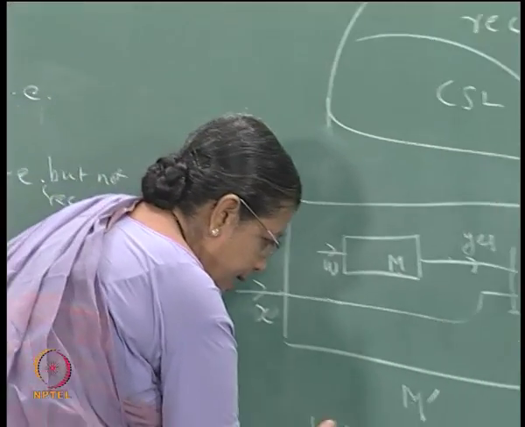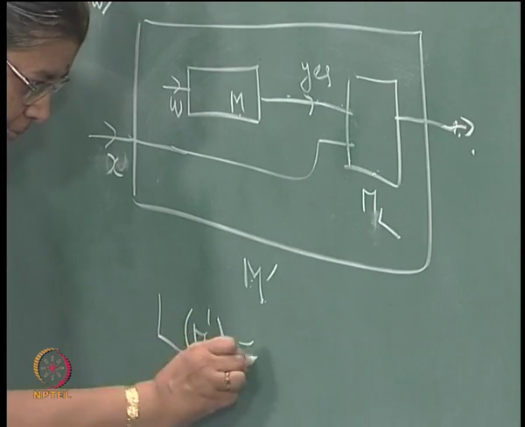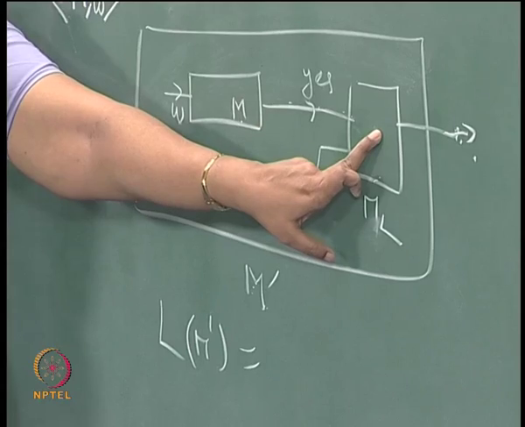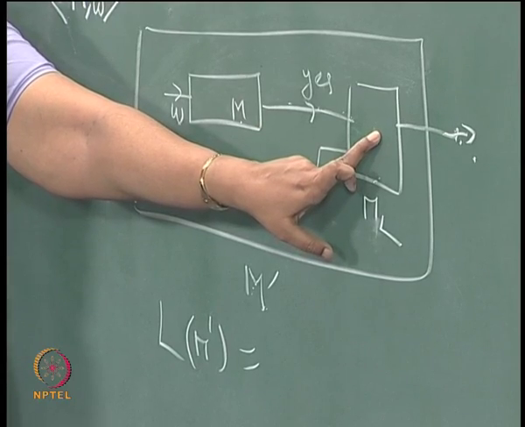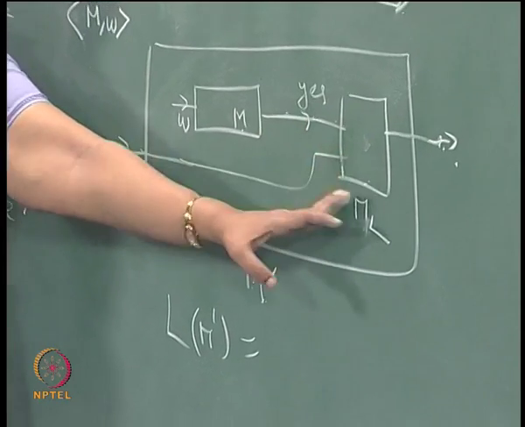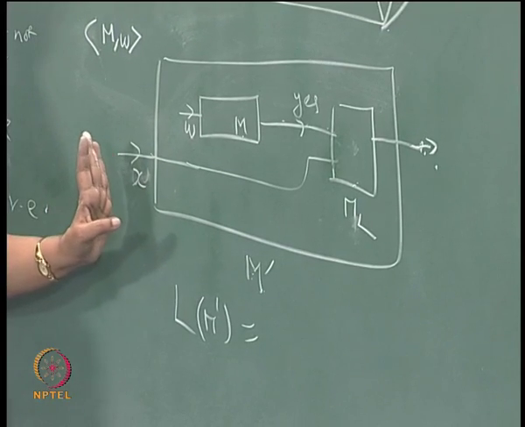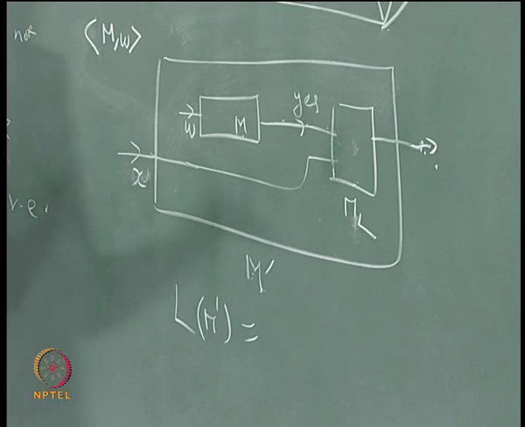L of M dash: if M accepts w then ML will be started, and if it is started it will accept L. ML will accept only the language L, isn't it?